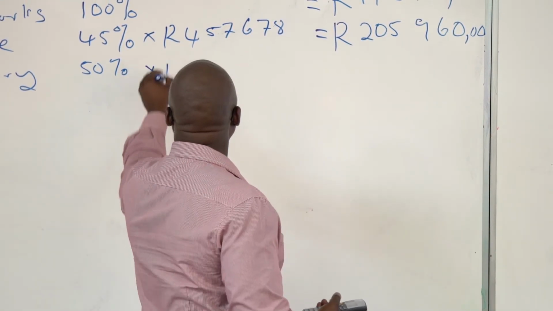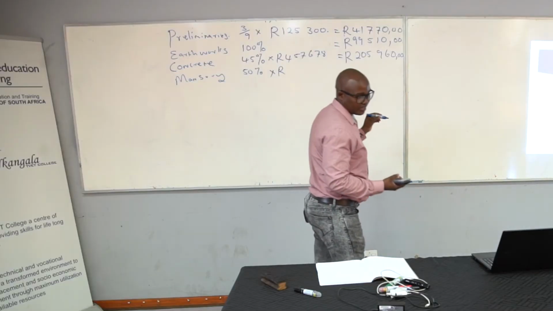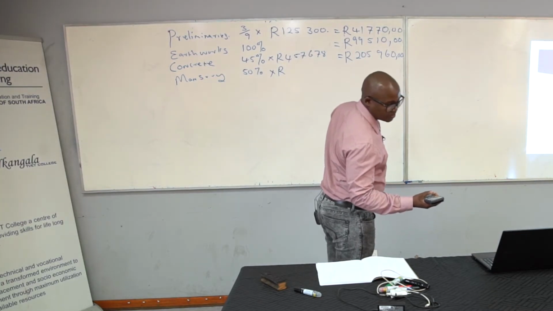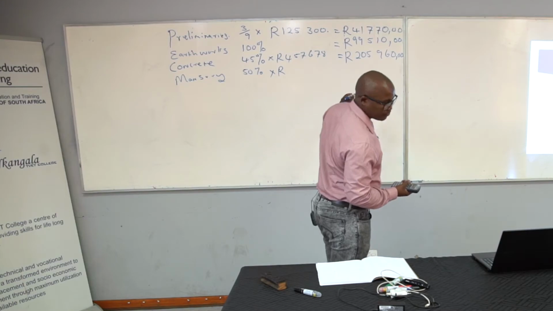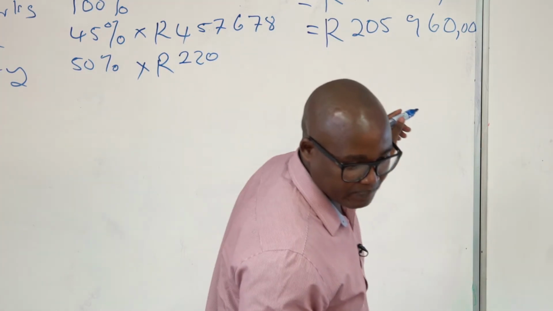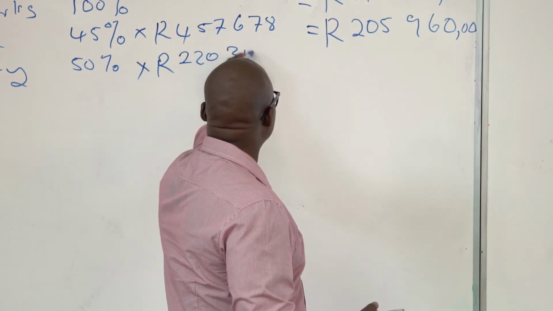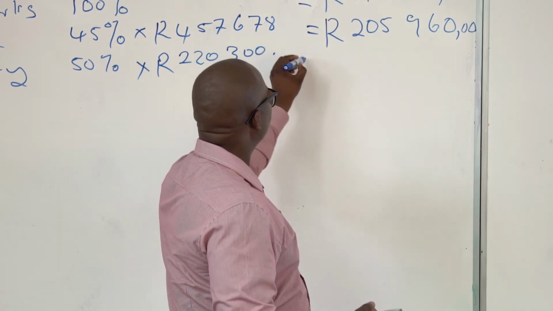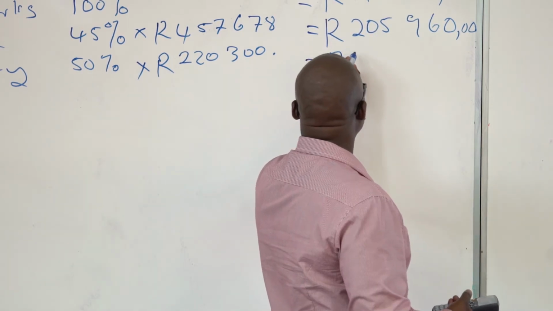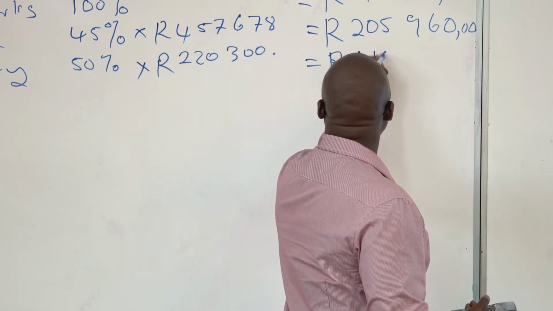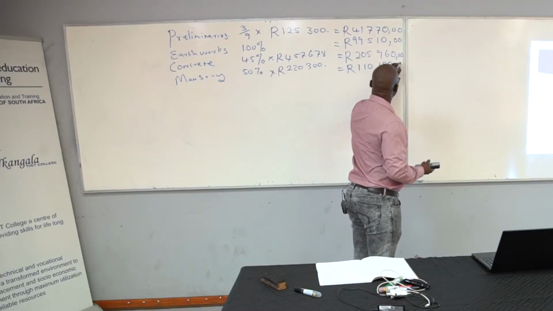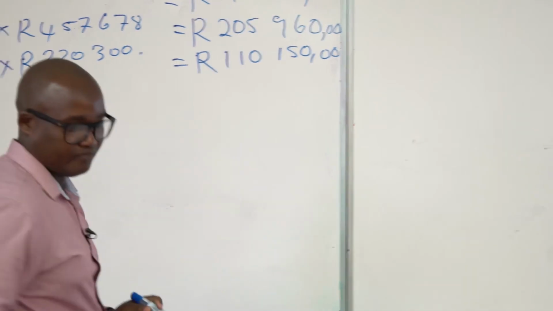But you still have to indicate here so that it is understandable how we got this one. It's 220,300. Then it landed to 110,150.